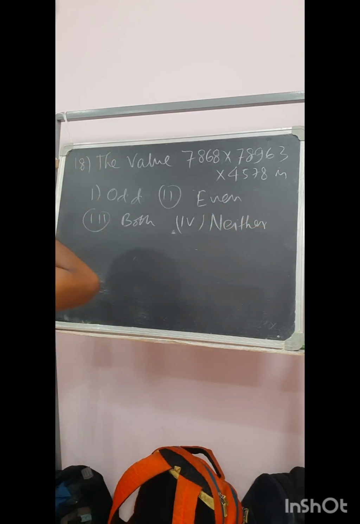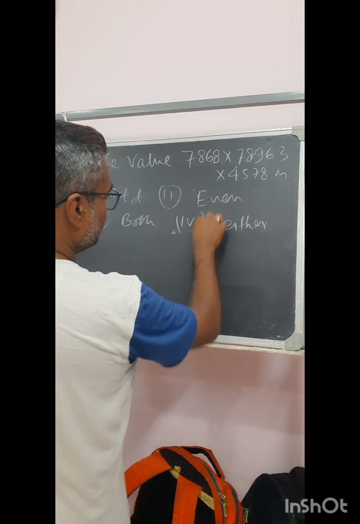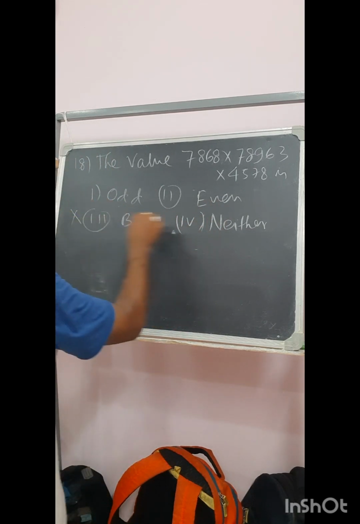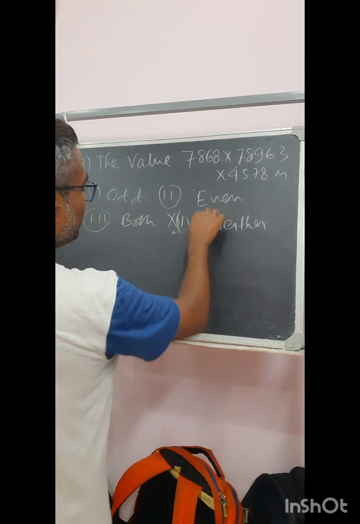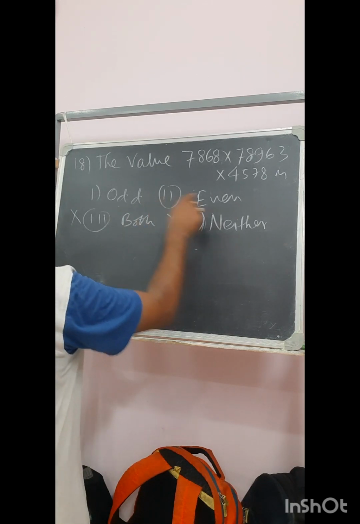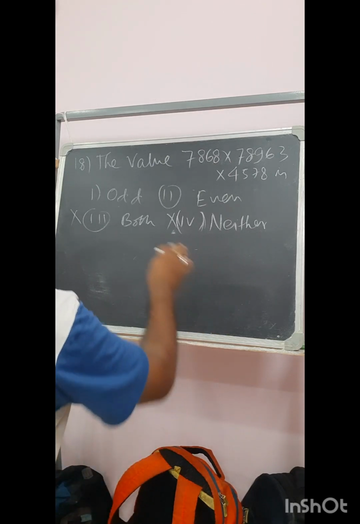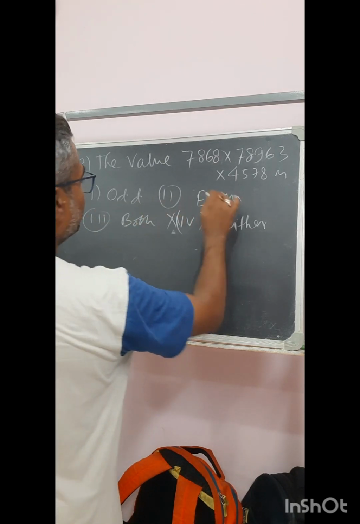So I don't think any number can simultaneously be both odd and even, or the opposite of that. So this I can eliminate straight away. No number you will find will match the condition of odd and even both. Cannot be. So now I have to decide whether odd or even.